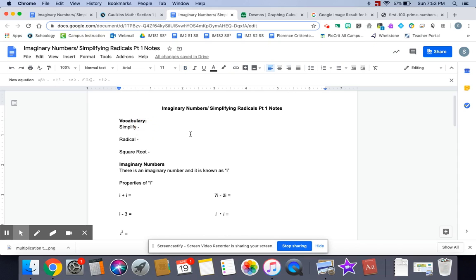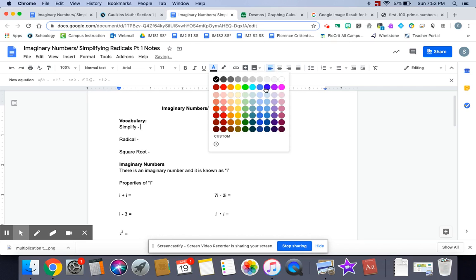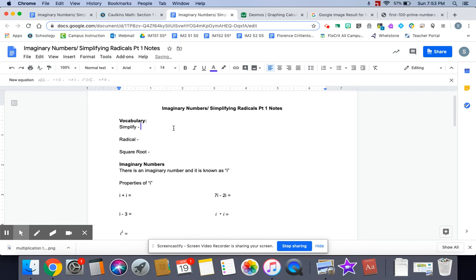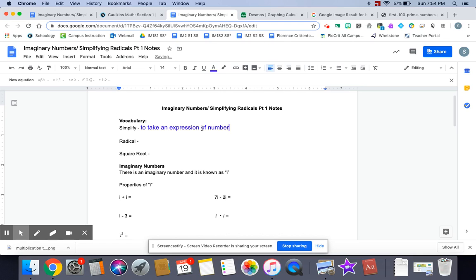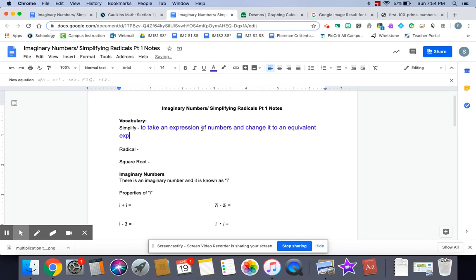The word simplify, to do some vocabulary, just means to take an expression of numbers and change it to an equivalent, meaning the exact same thing, an equal expression that is typically smaller than the original.